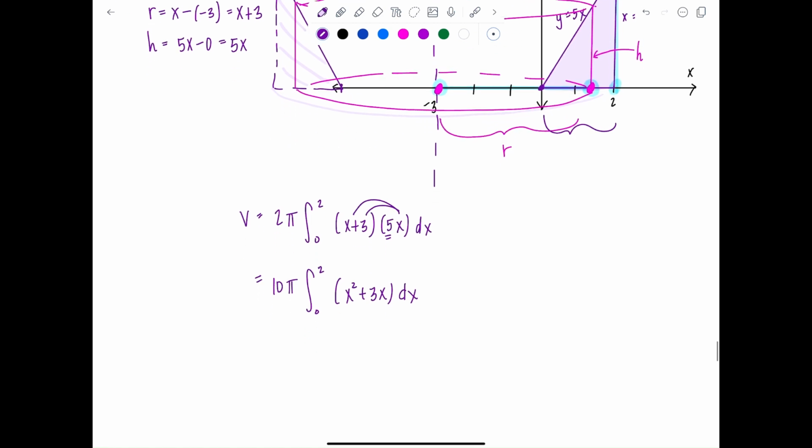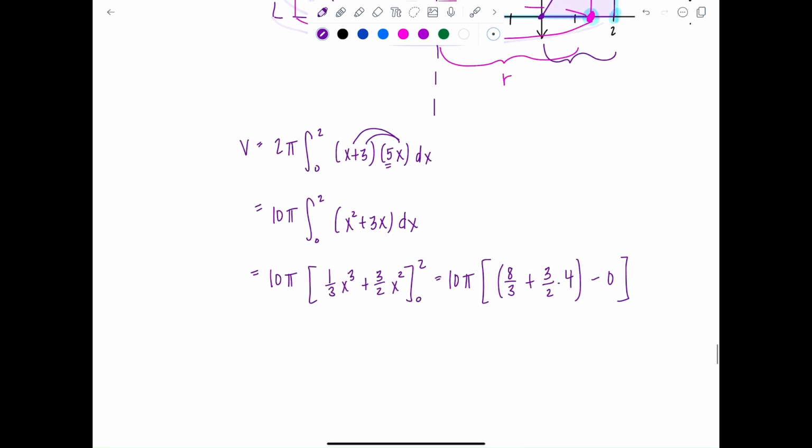All right, then we have here 10 pi. This will be 1/3 x cubed plus 3/2 x squared, evaluated from 0 to 2. 10 pi times, plug in 2. 2 cubed is 8, so we have 8/3 plus 3/2 times 4, minus 0, right? Lower limit 0.